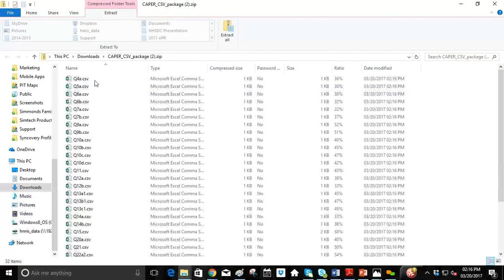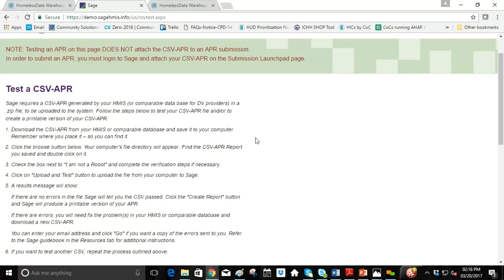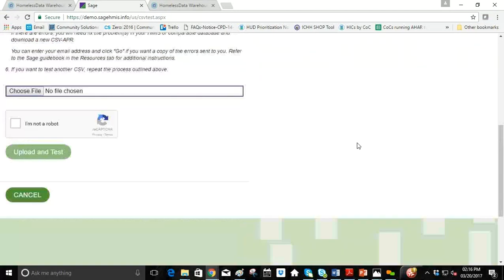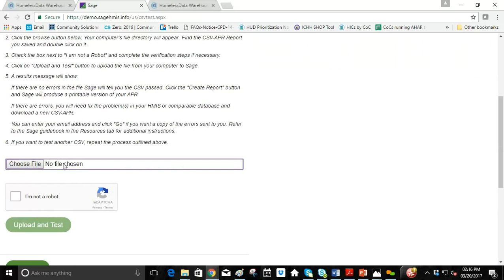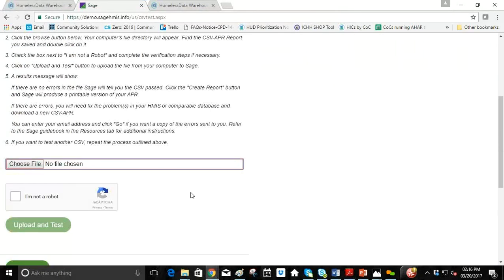It's basically, it takes all those buckets, but then it sorts it by question without client identifying information. And then what you'll do is you're going to open Sage, and you're going to choose your file here, and you're going to upload your zip. You don't have to unzip and rezip. You're just going to choose that file from wherever you downloaded it to and upload and test.